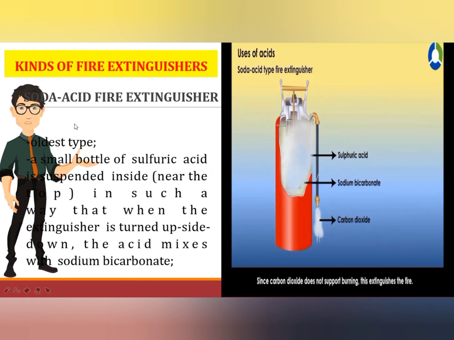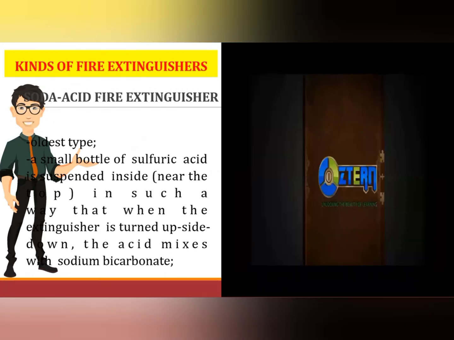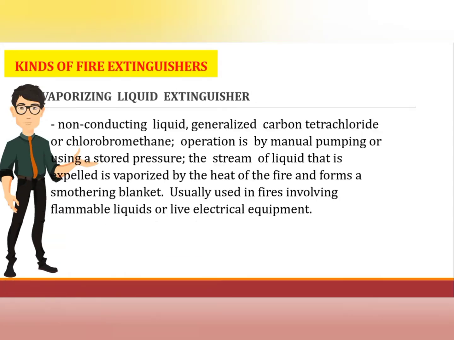Then the next extinguisher is the vaporizing liquid extinguisher. It uses a non-conducting liquid, generally carbon tetrachloride or chlorobromomethane.